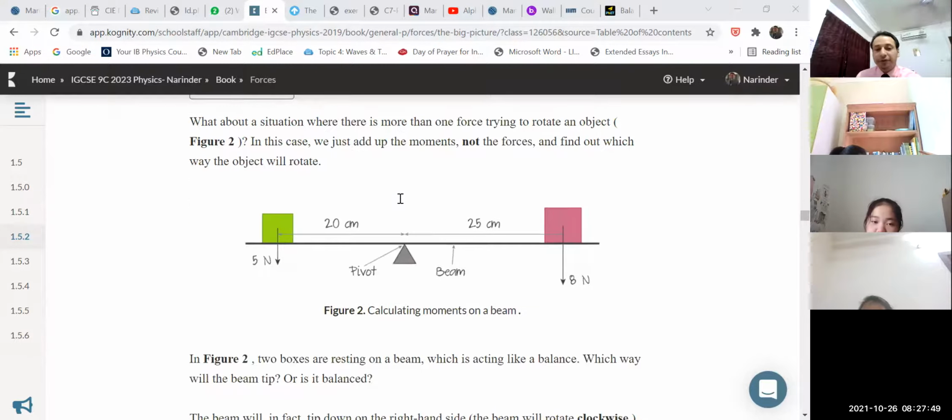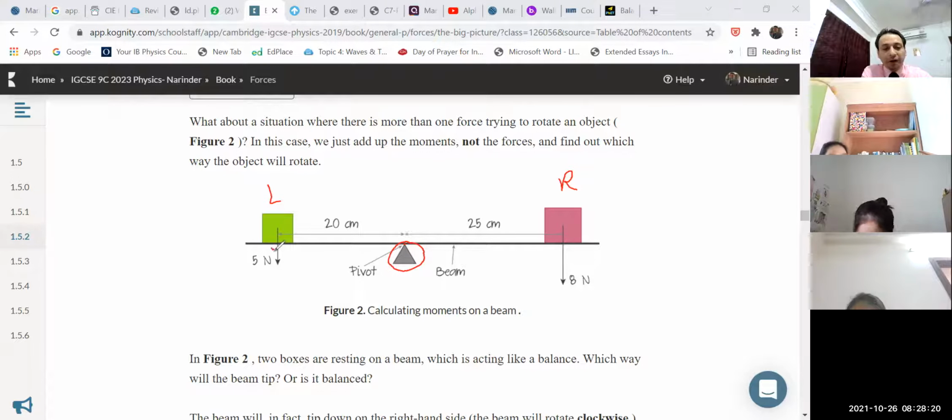What happens then? Same example as a seesaw, where always two children are required to play. So in this example on the screen, we have one object on the left hand side and another on the right hand side. Remember this, children, this is the pivot point about which these two weights will rotate.